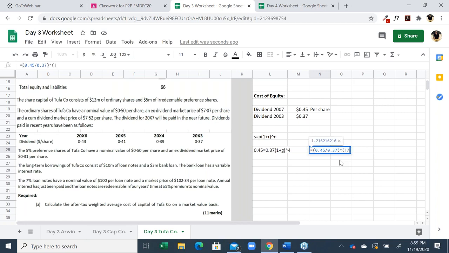If it's 4 on one side, I have to take 1 upon 4 on this side. So this 4 will be cancelled out, and I'll be only left with 1 plus g. And this 1 will also be subtracted on the other side. So I'm just going to subtract 1. And this is how we should be calculating the growth.